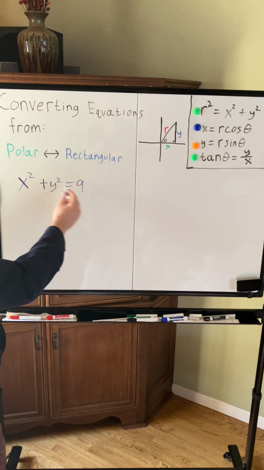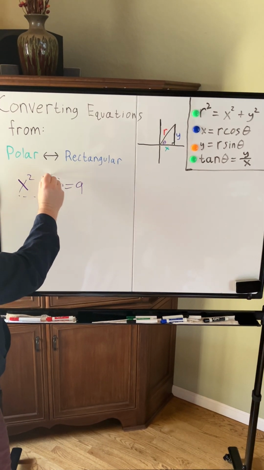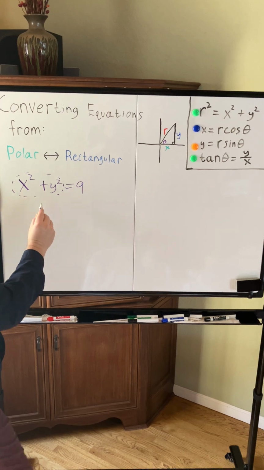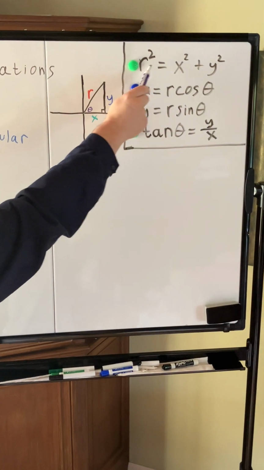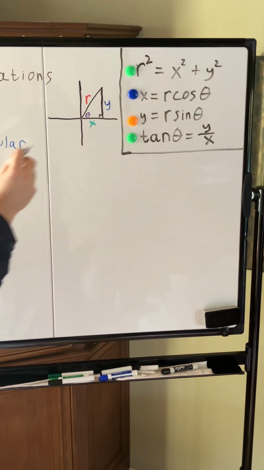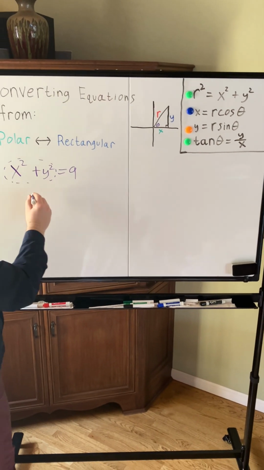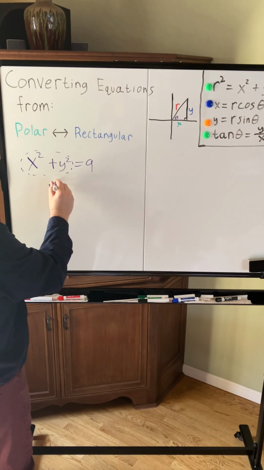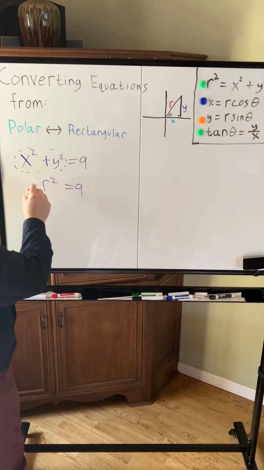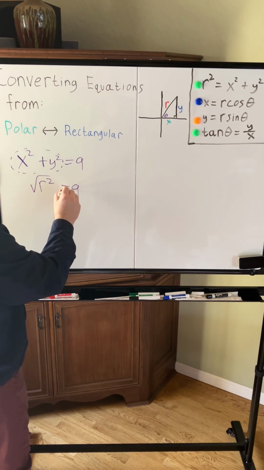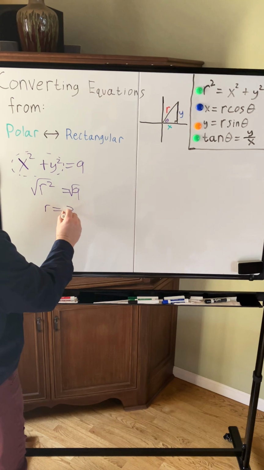All you need to see is we can substitute x squared plus y squared for r squared. So, since those are equivalent, we can just say r squared equals 9. And then if we square root both sides, we would get r equals 3.